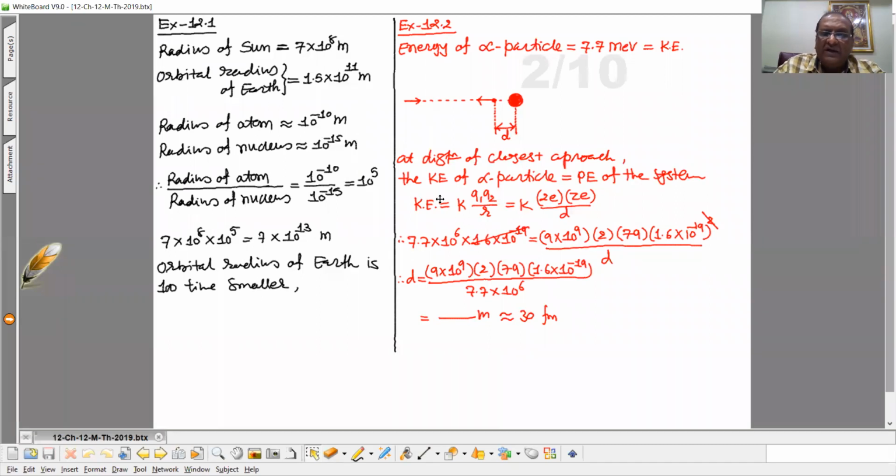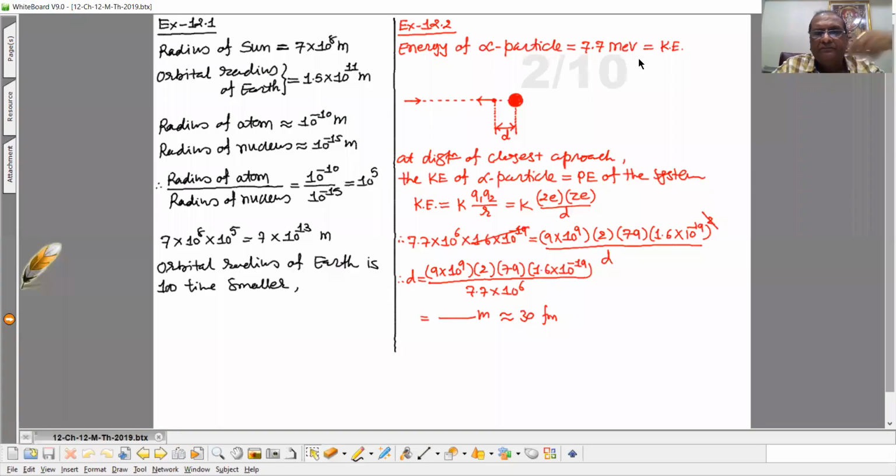So kinetic energy is equal to K Q1 Q2 upon R, because it is converted into potential energy, and the potential energy of a system of two charges Q1 and Q2 separated by distance R is given by K Q1 Q2 upon R. This we studied in the second chapter. Clear?